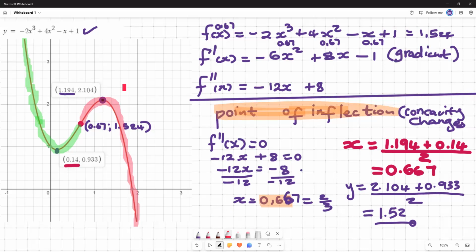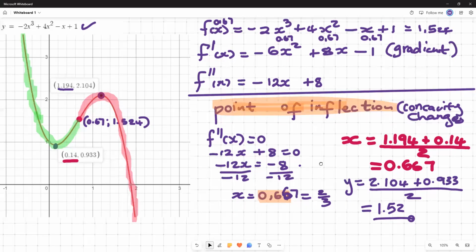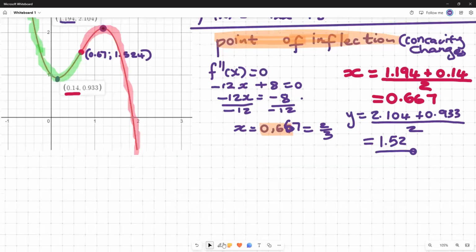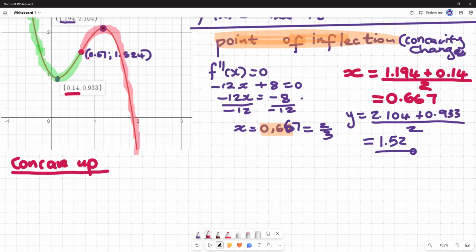Perfect. We can prove that indeed. Let me start with this. We can say, for concavity, let's make space and go up a little bit. For concave up, x must be less than this, because to the left we are concave up, you see?